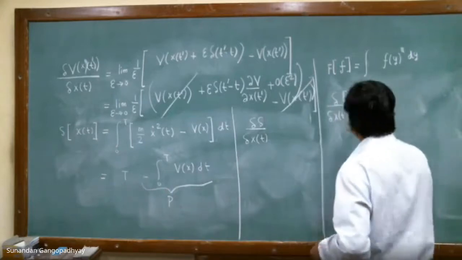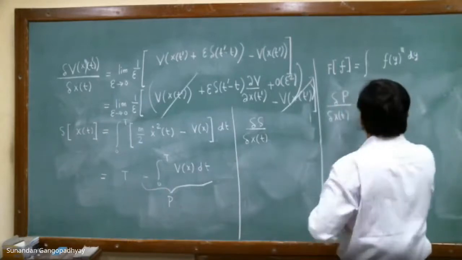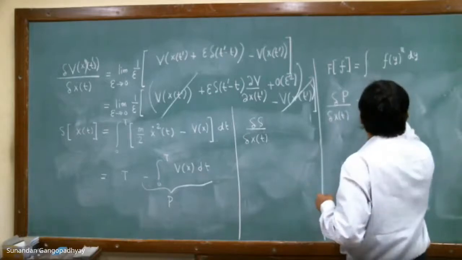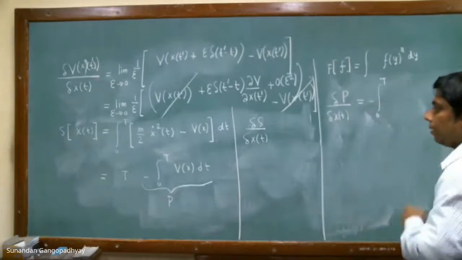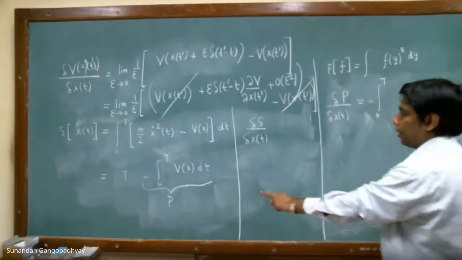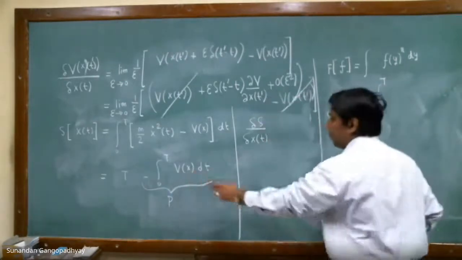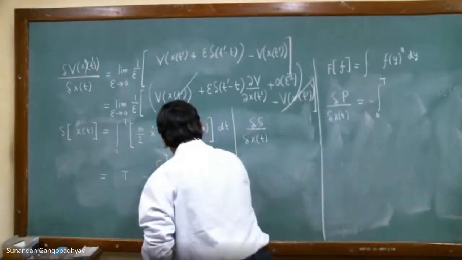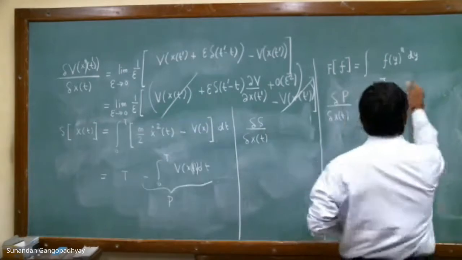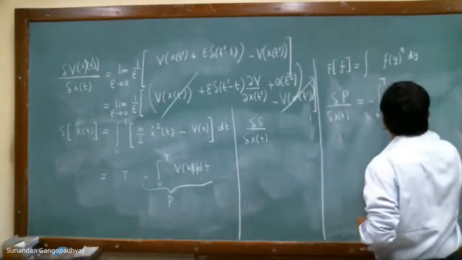So this will give us minus the integral from 0 to t, and we have x of t. What I shall do is put a dt prime over here.